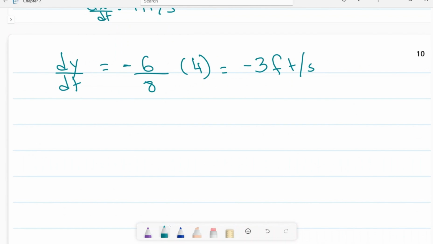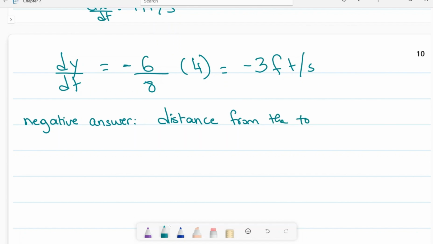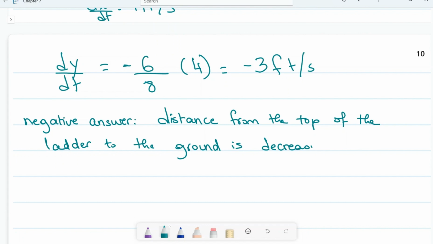Notice that the answer is negative. So let's write this down, negative answer, which means the distance from the top of the ladder to the ground is decreasing, because it's negative, is decreasing at a rate of 3 feet per second.